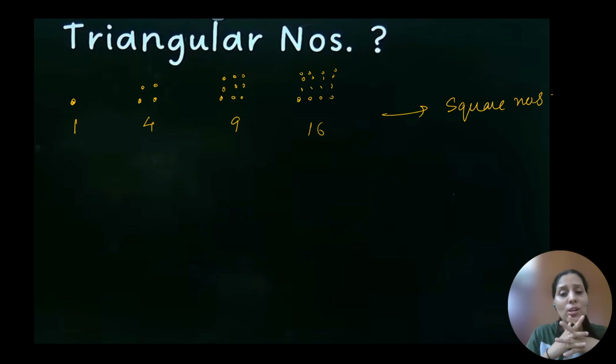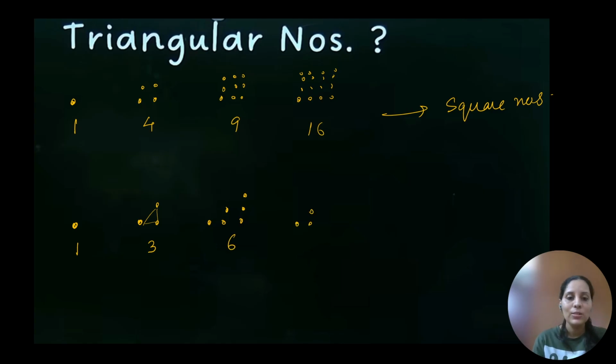Now, what are these triangular numbers? Triangular numbers will definitely be in triangle shape. Starting with 1, this is 1. Now, you have 1 and 2 more dots have been added. So you can see a triangle is formed, isn't it? 3 dots. Next, you have 2 dots, and now you have one more column with 3 dots. So how many dots? 3 plus 2, 5 plus 1, 6 dots.